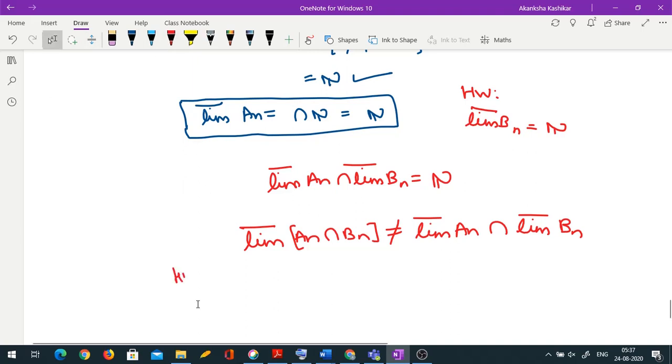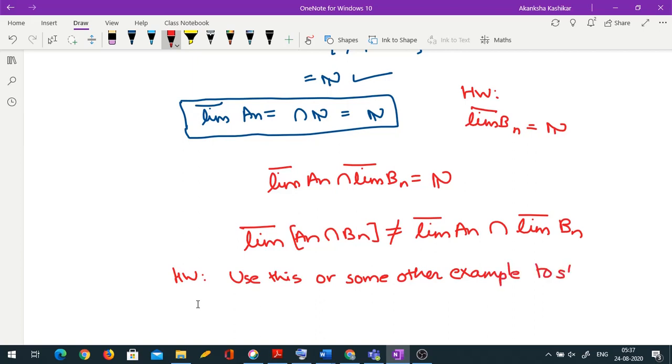So homework is, use this or some other example to show that the result in 3 also doesn't hold. To show that 3 doesn't hold. Okay.